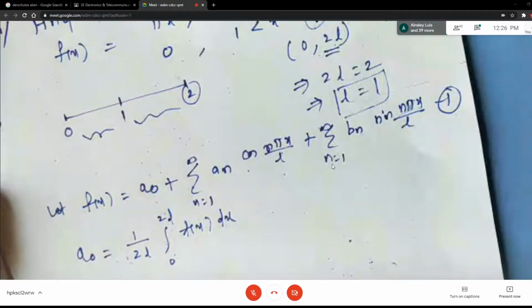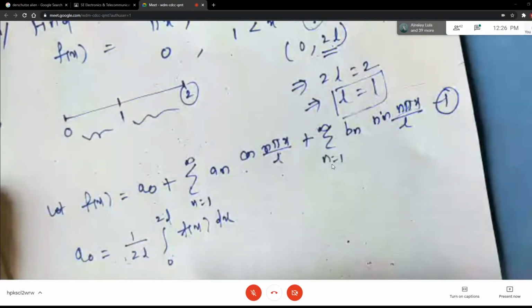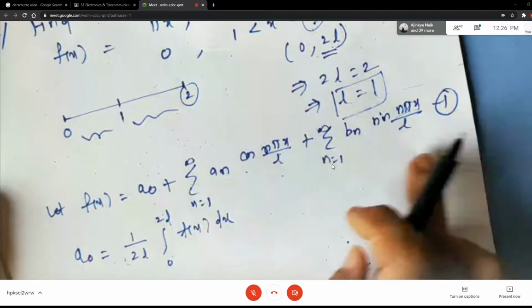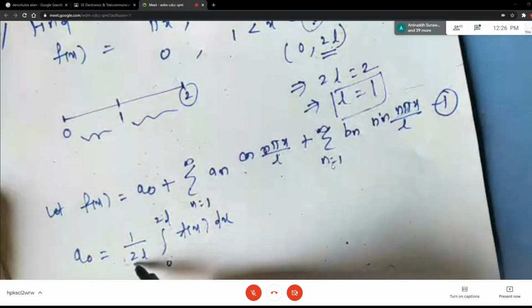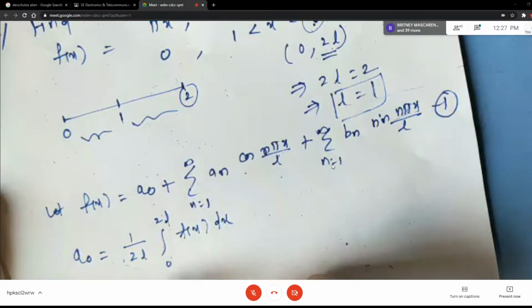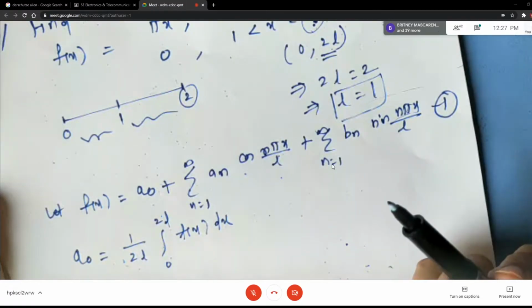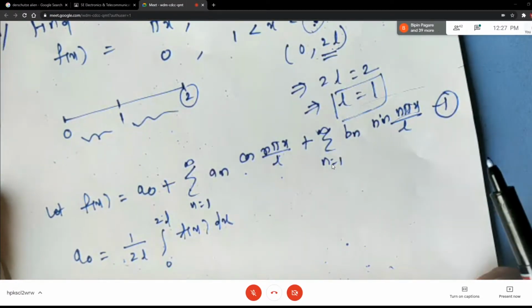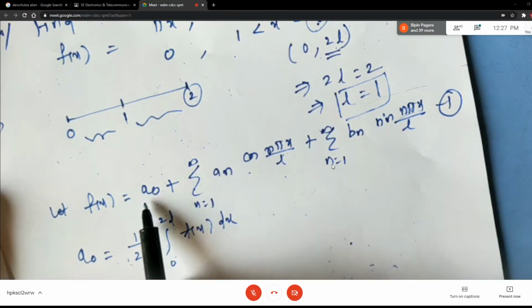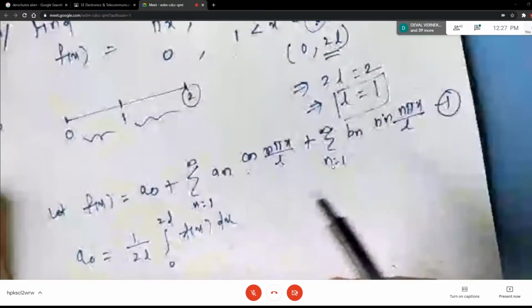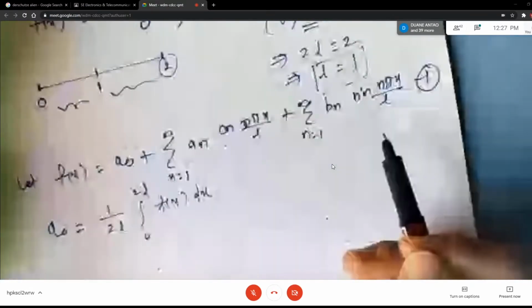Now one thing I want to tell you, students, some books use the Fourier series formula with a naught by 2, and then these things are the same, but that 2 is taken care of in the formula of a naught. So their a naught formula will be just 1 by L, 0 to 2L. Even for pi and 2 pi also, some books use the formula with a naught by 2, but in the formula of a naught they will not have this 2. Okay, so don't get confused.